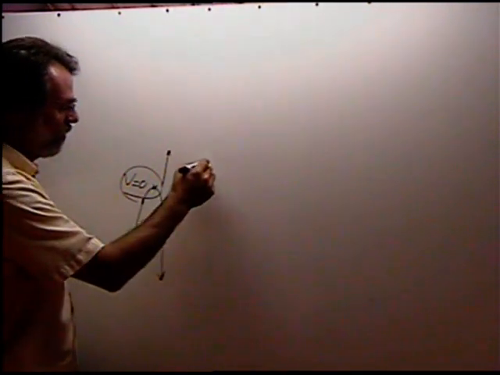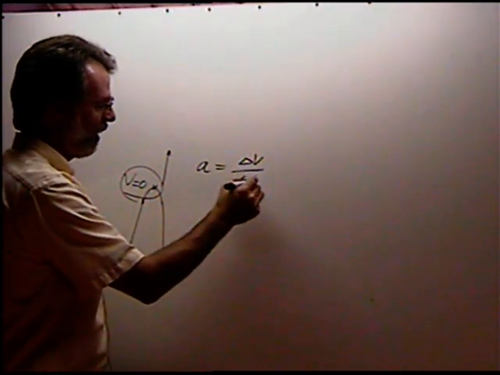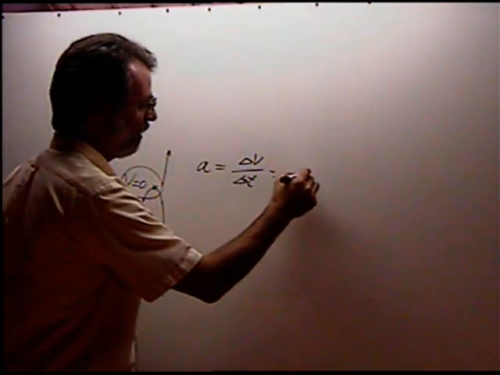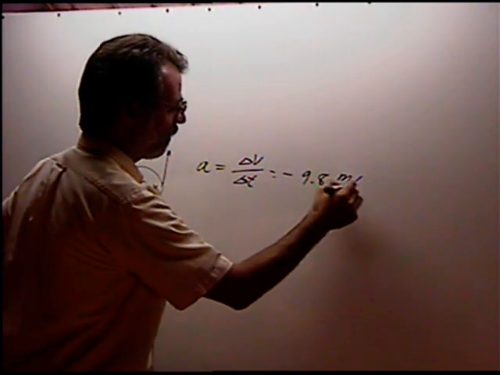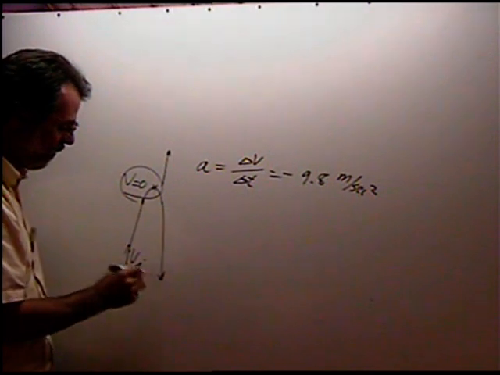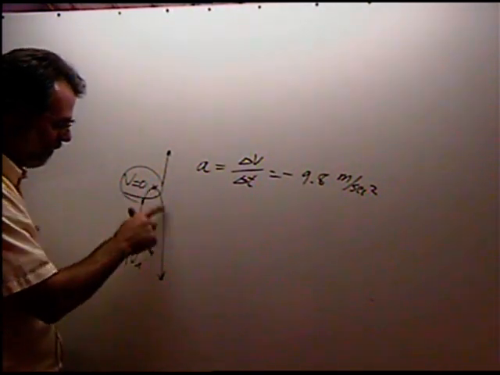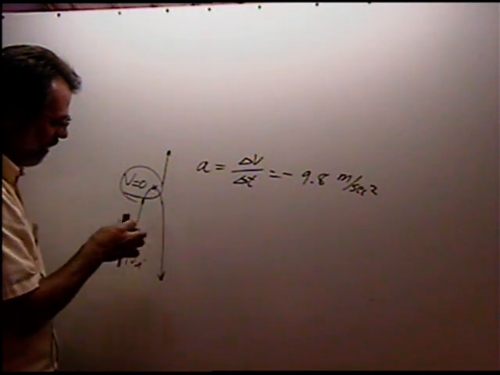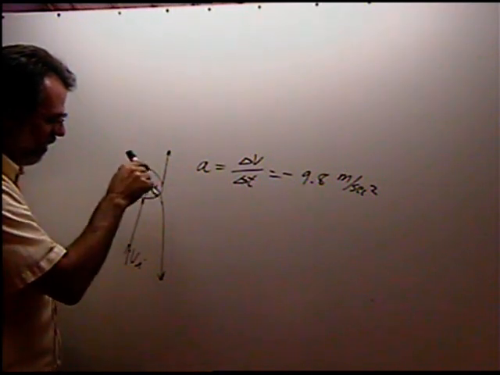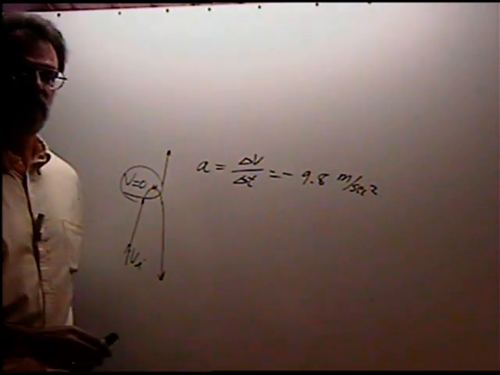So the acceleration of gravity is a change in velocity with the change in time. The acceleration of gravity, 9.8 meters per second squared, is constant all throughout this travel. In fact, this is what slows it down to 0, and it reverses the direction and sends it back down to the Earth.